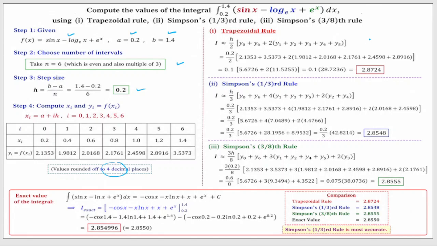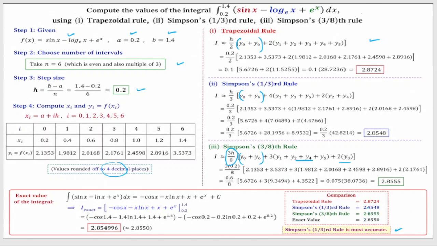Then use the trapezoidal rule, which is h by 2 times first plus last plus 2 times remaining. Simpson's one-third rule is h by 3 times first plus last plus 4 times odd plus 2 times even ordinates. And Simpson's 3 by 8 is 3h upon 8, again first plus last plus 3 times remaining plus 2 times only multiples of 3. So in this way, if you calculate, it is very clear for this example that Simpson's one-third rule is most accurate.